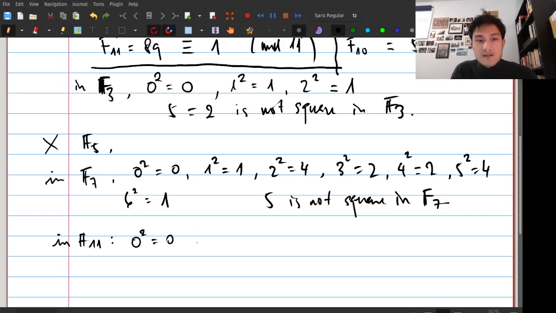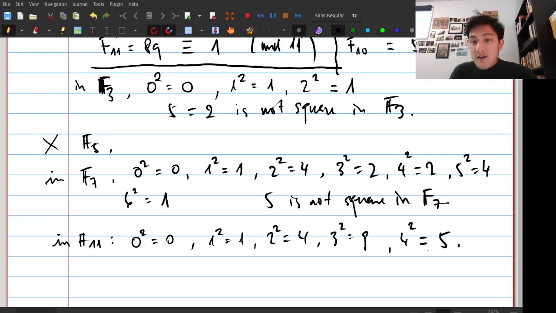So 0 squared is equal to 0, 1 squared is equal to 1, 2 squared is equal to 4, 3 squared is equal to 9, 4 squared is equal to 16, and 16 is equal to 5 in F11, because you subtract 11. So 4 squared equals 5. So 5 is a square in F11.